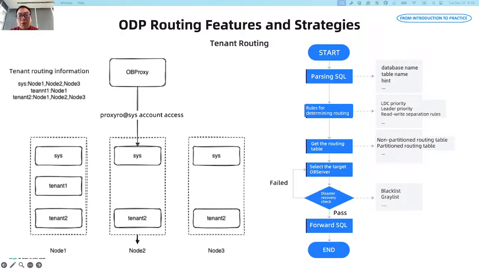OB proxy will only reaccess an internal table in the OB server to retrieve routing information for regular tenants when the cache is not usable. And the OB server retains a specific error node. The diagram on the right is the same as the routing principle just mentioned, so we will skip it here.